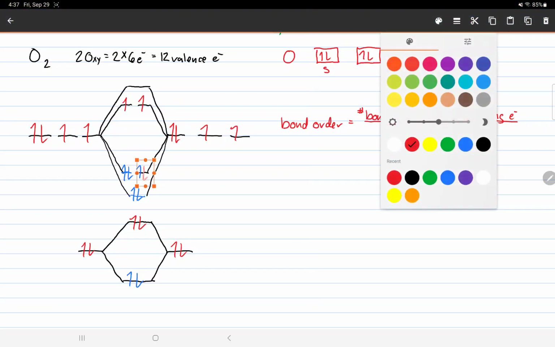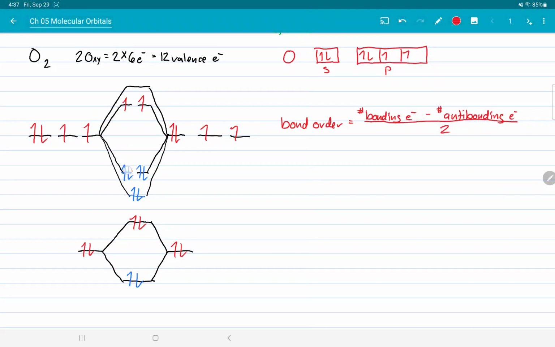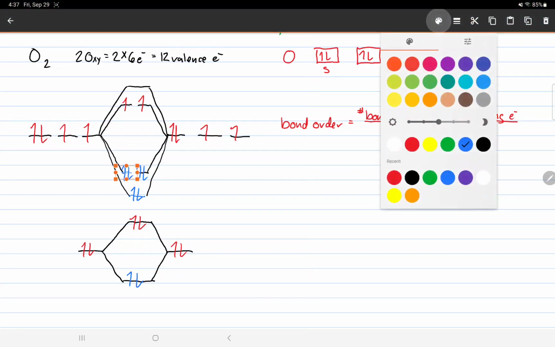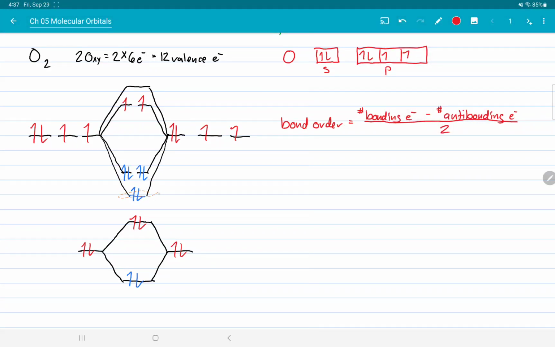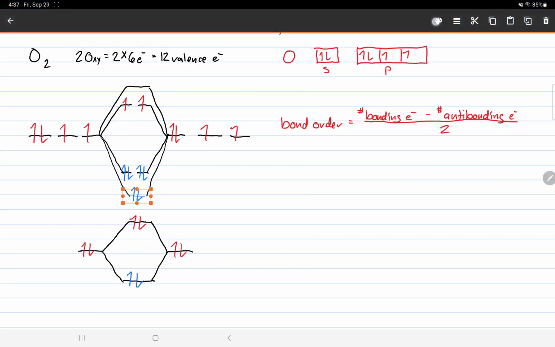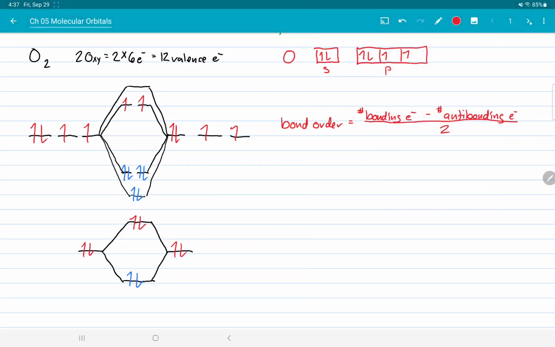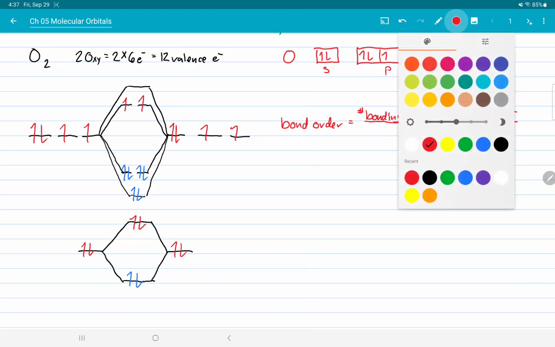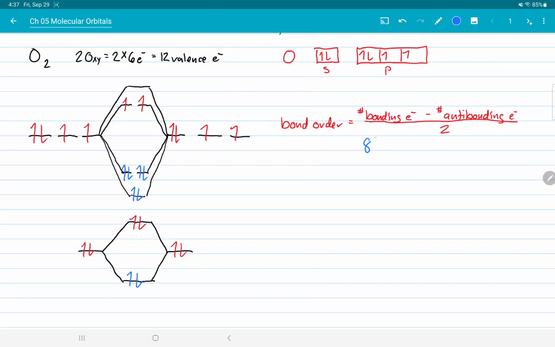Trying to grab just that one. That would be a bonding electron. Trying to take those lines back to their original color. So we have 1, 2, 3, 4, 5, 6, 7, 8 bonding electrons.